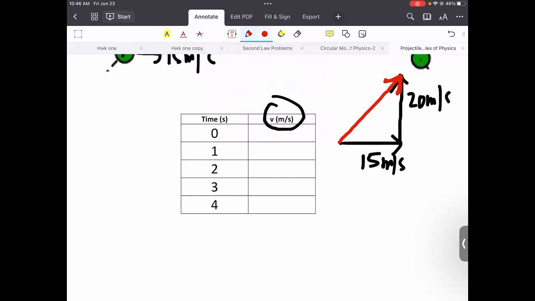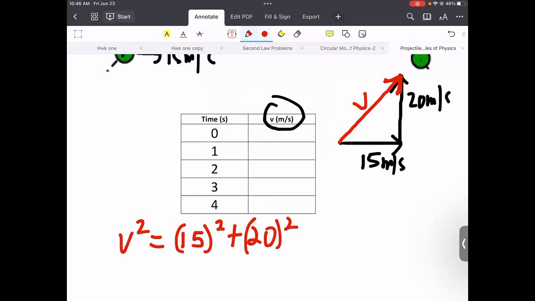So let's assume that this is V. Then we are going to say V squared is equal to, I'll just use the numbers without units, 15 squared plus 20 squared. And this is actually Pythagoras theorem.